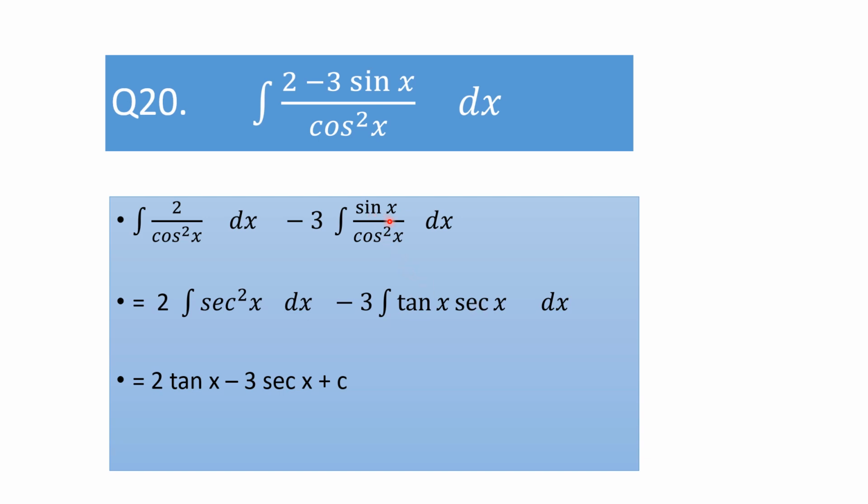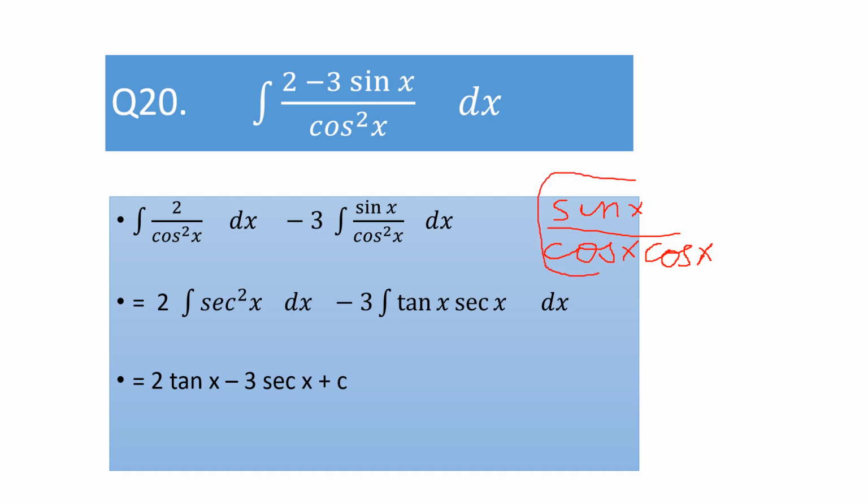This is sin x upon cos x into cos x. You can write it as sin x upon cos x, and again upon cos x, because it is cos square x. So this is cos x two times.